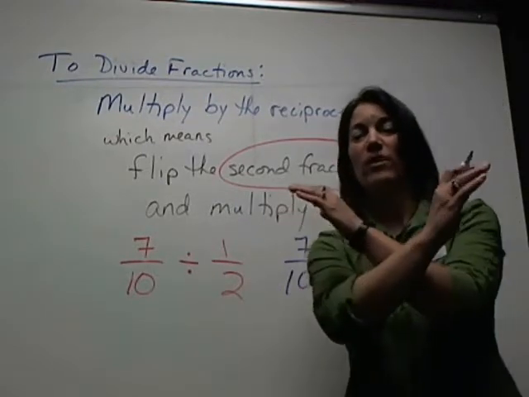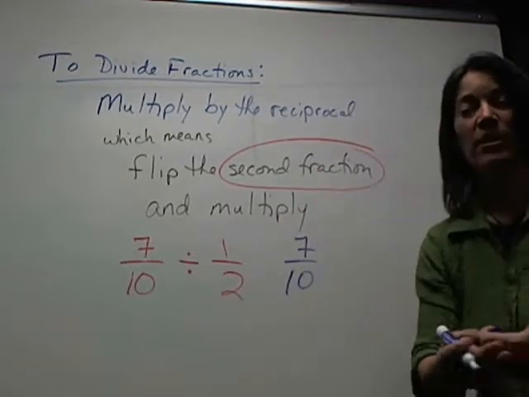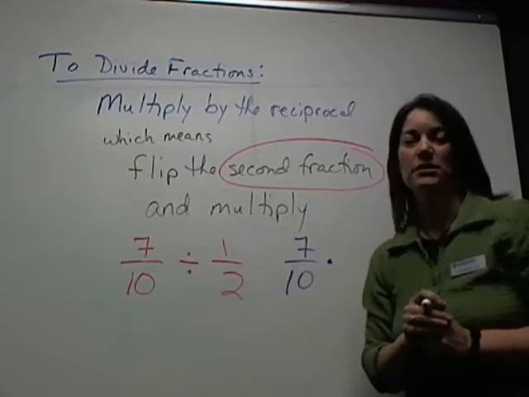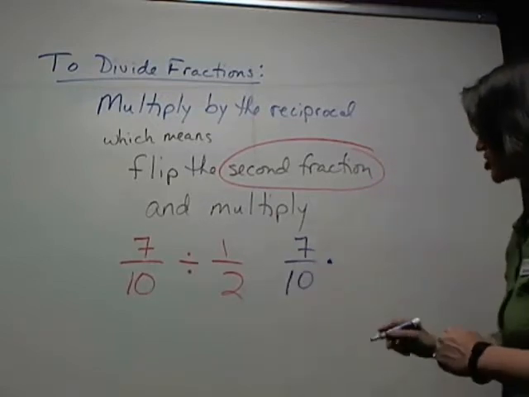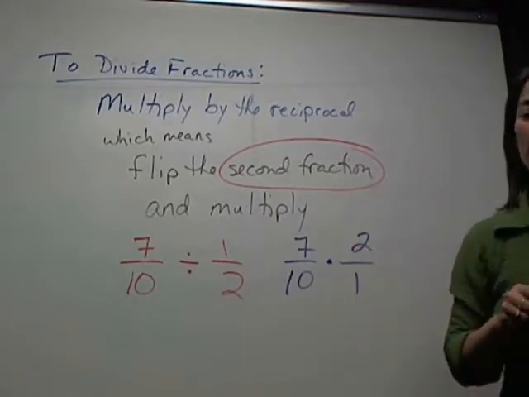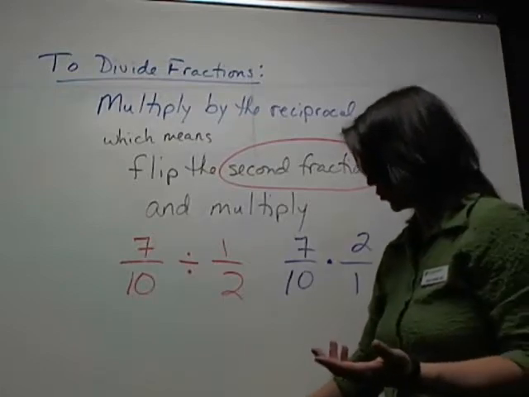Now once again, let's get away from using the cross for multiplication because we want to get ourselves prepared for algebra. So I'm going to use my multiplication dot instead, and then I flip my fraction. So I have a 2 on top and the 1 on the bottom. Now that I have multiplication, I use one of my 2 multiplication rules.